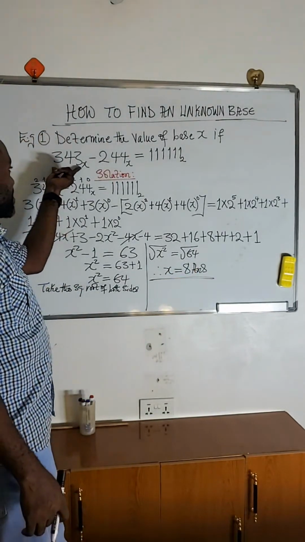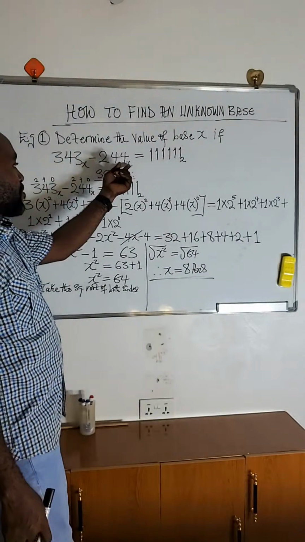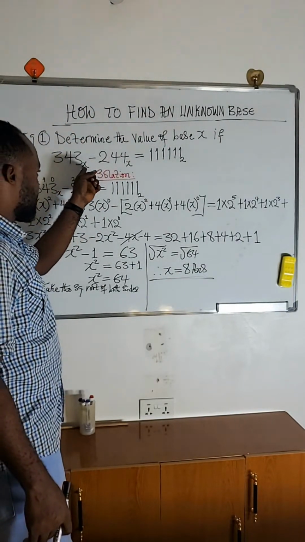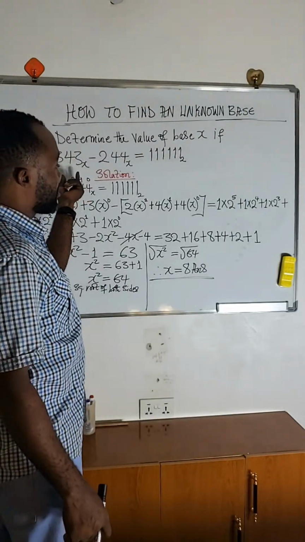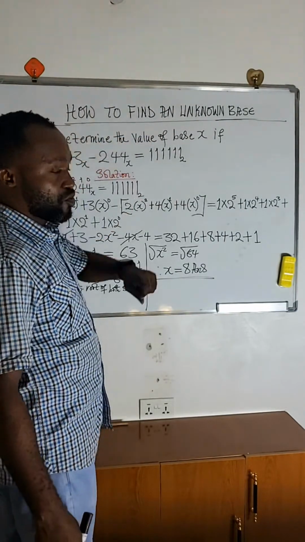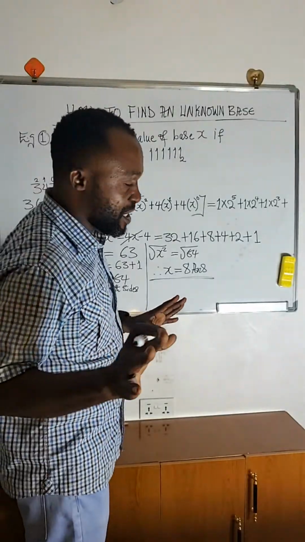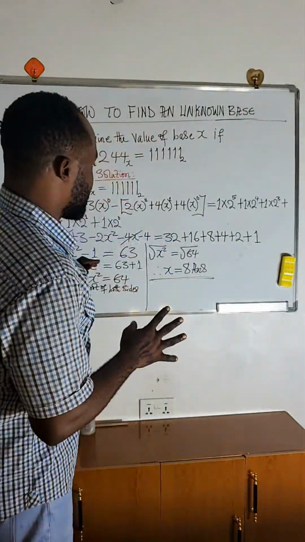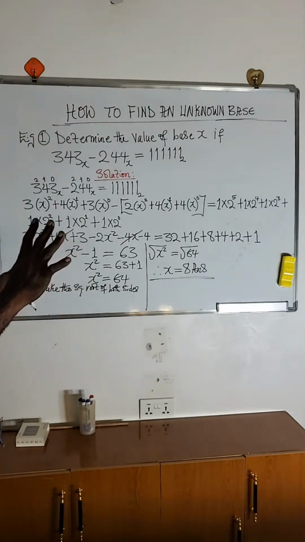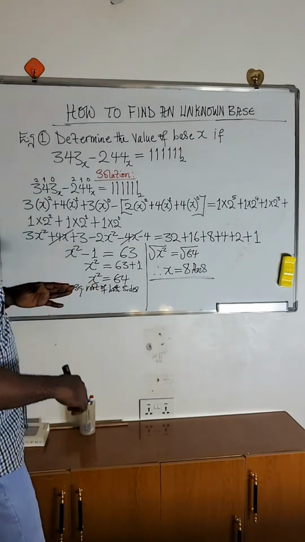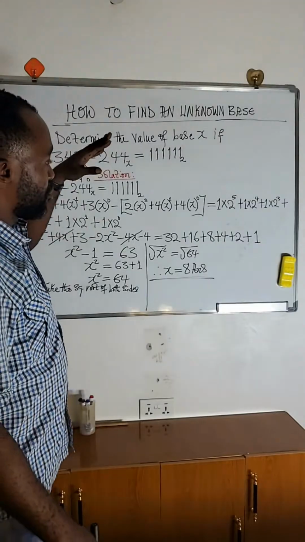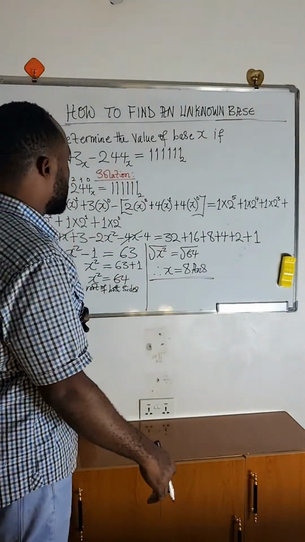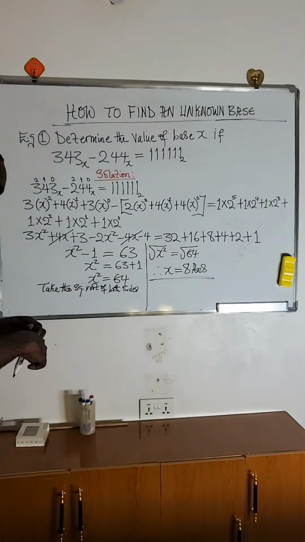If you subtract 244 in base 8 from 344 in base 8 and then convert that result to base 2, this is what you will have. So that's the meaning of all of that. That is example 1 of determining an unknown base. Okay, I'm going to go over to example 2.